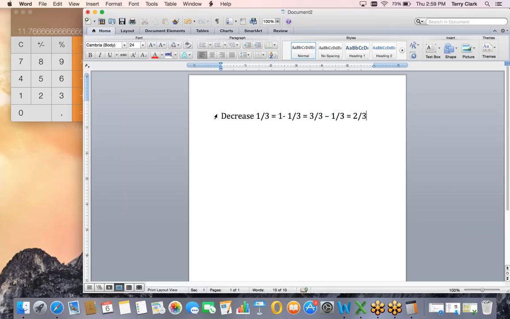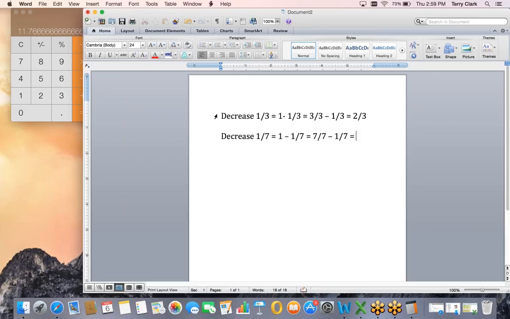Okay, so that's how we come up with it. Let's say we were going to decrease it by 1/7. In order to do that, we're going to take 1 and minus 1/7 from it. And then of course we can convert 1 to a fraction by putting it as 7/7, because 7 divided by 7 is 1, minus 1/7.